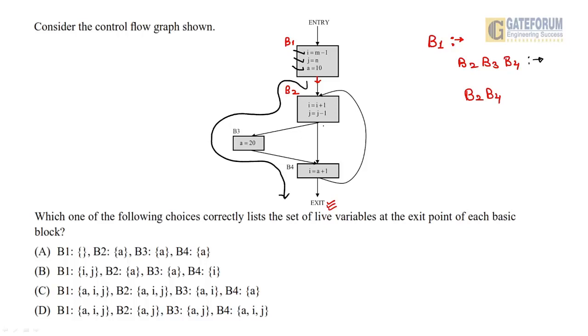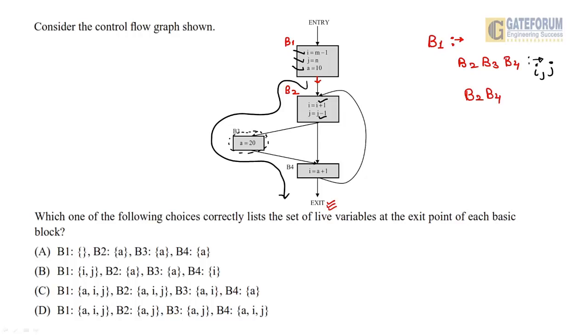If we are going to follow this specific path, then see what will happen. Here we can say that value I is going to use here and value J is going to use here without modification, means value I and J are live in that path. But you can see in B3 the value of A is modified.